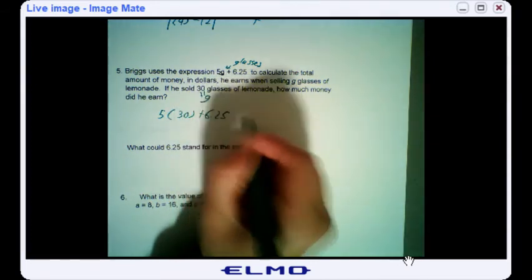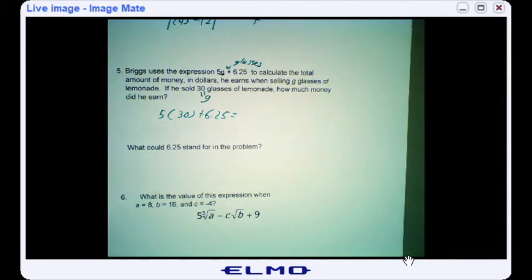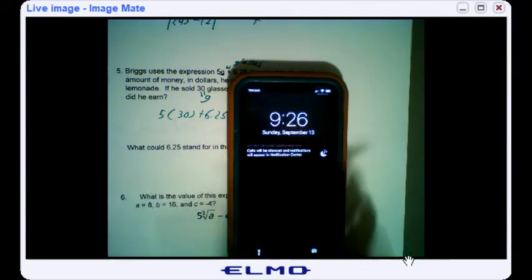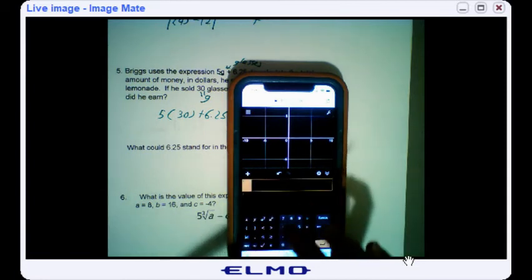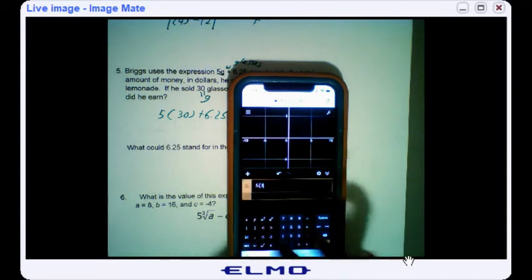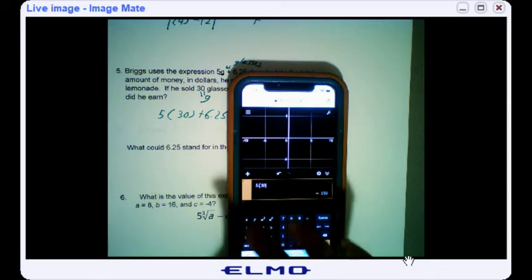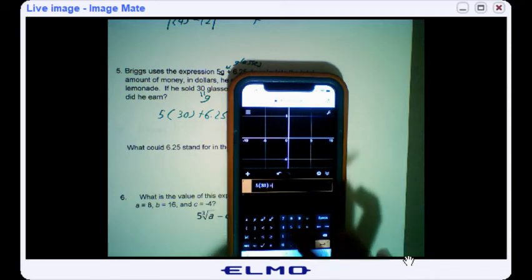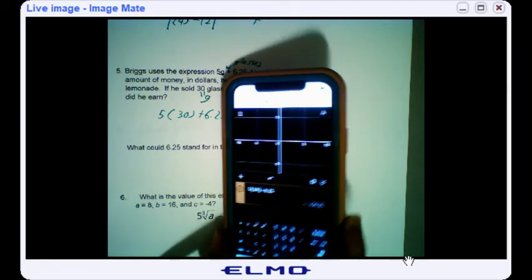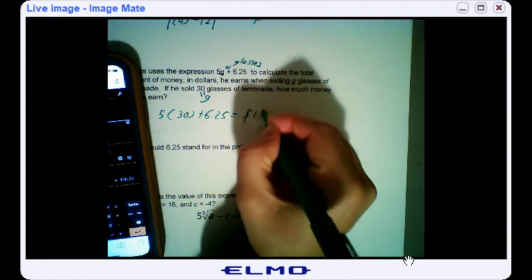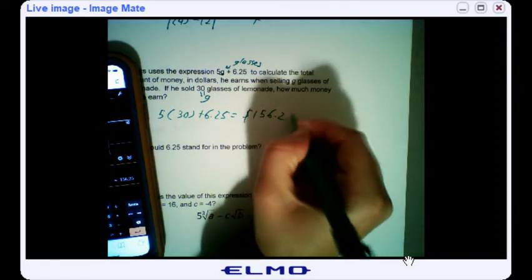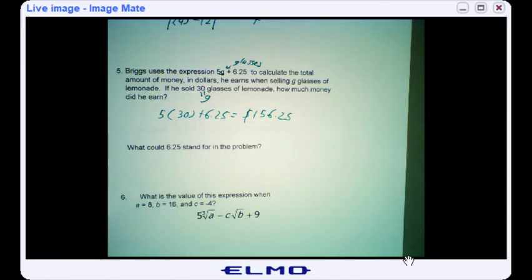I'm going to use my lovely friend Desmos now. So I'm going to get $156.25 is his profit.